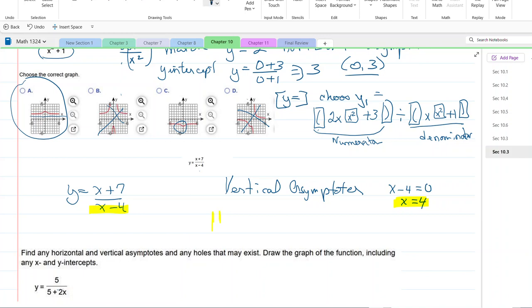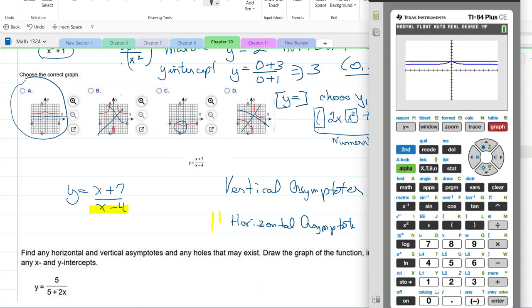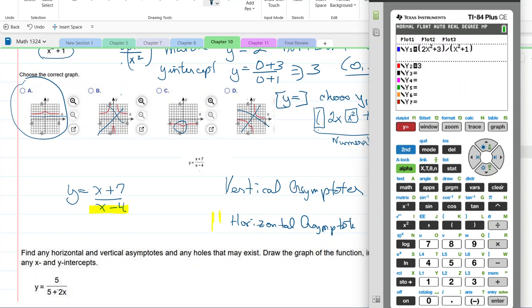Sorry about that. So that would mean that I have my degree is x over x, so the number is y equals 1, because there's a 1 there and a 1 there. So y equals 1. And we could check with our calculator because we want to get comfortable with using our calculator. So let's clear that, go back to y1, and again get practice.